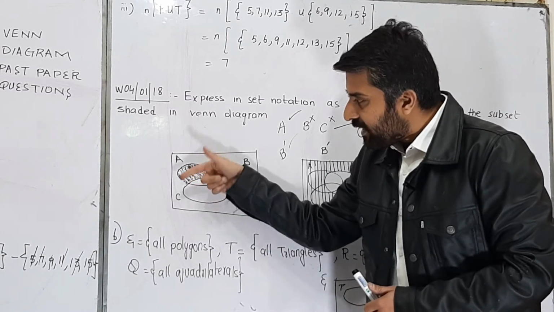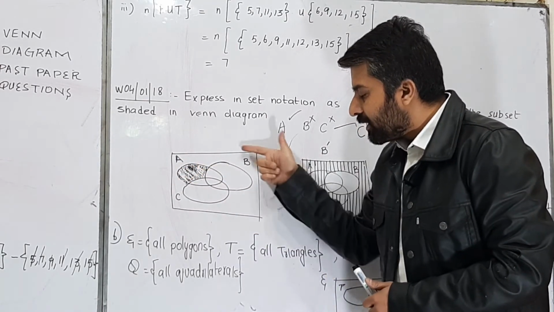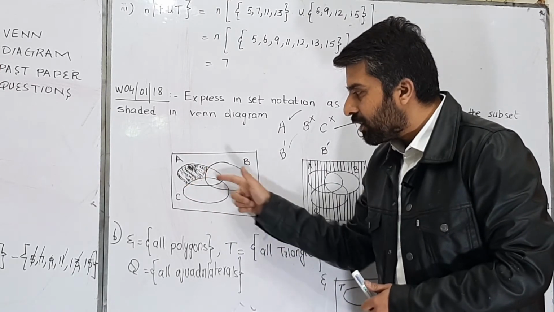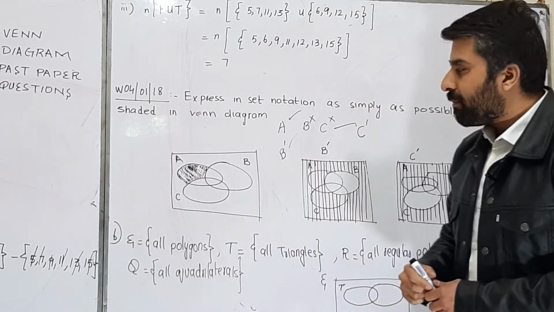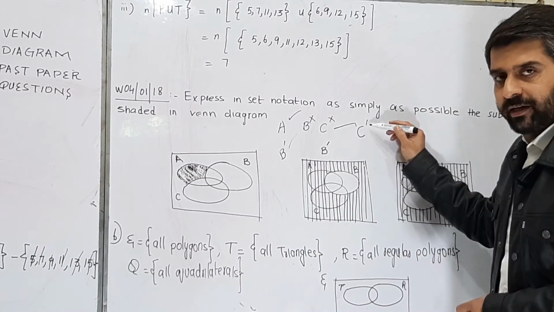The region outside C, all the region outside this circle of C, is part of C complement.